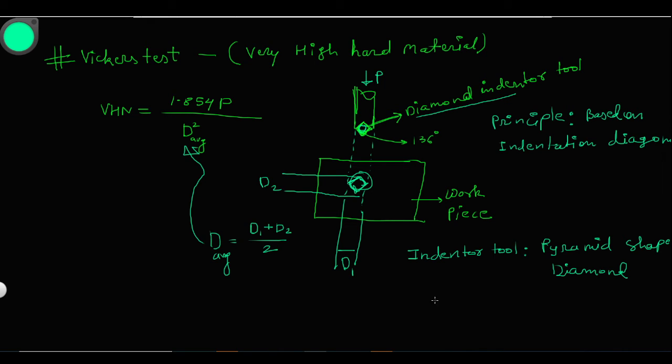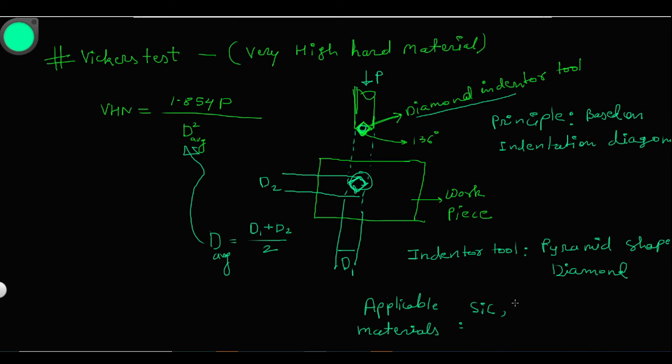Now, the applicable materials whose hardness we can measure are silicon carbide, which is very hard in itself, since this test is used to get the hardness of very hard material.